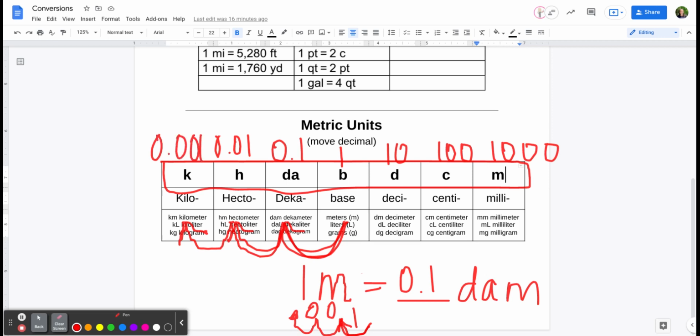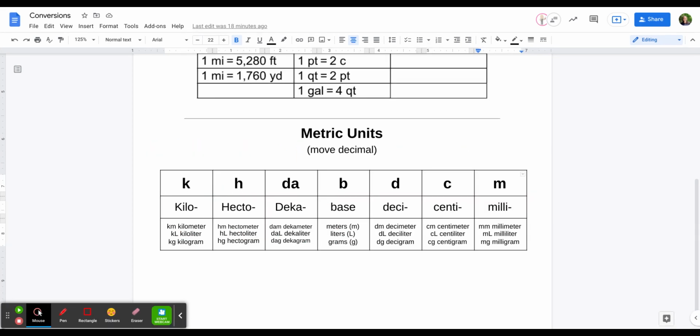So you have to notice that kilo is the largest prefix there. If I'm moving to the left, I'd be dividing. That number would be getting smaller. If we're moving to the right, we're multiplying, the number gets bigger. But you'll notice that pattern as we continue to do more practice.